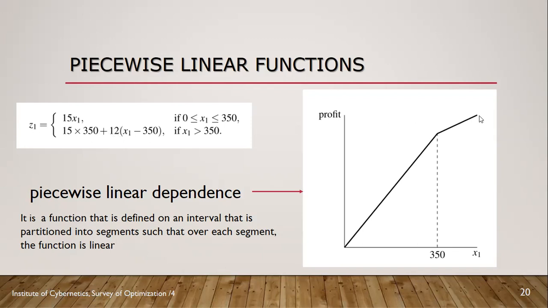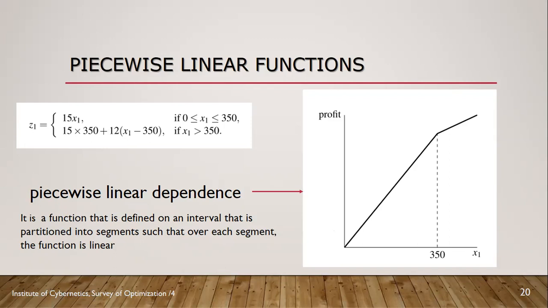Actually, it goes lower. This type of dependence is referred to as piecewise linear dependence, which is a function defined on an interval that is partitioned into segments such that over each segment the function is linear.